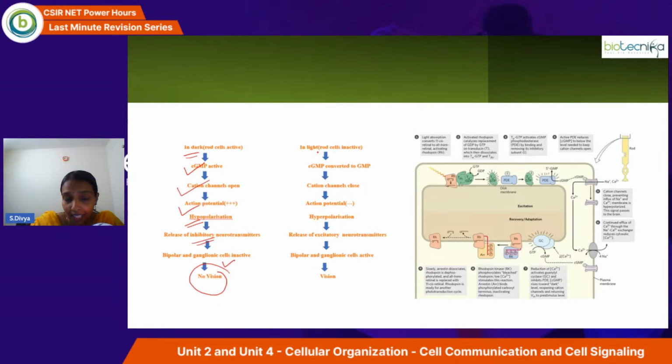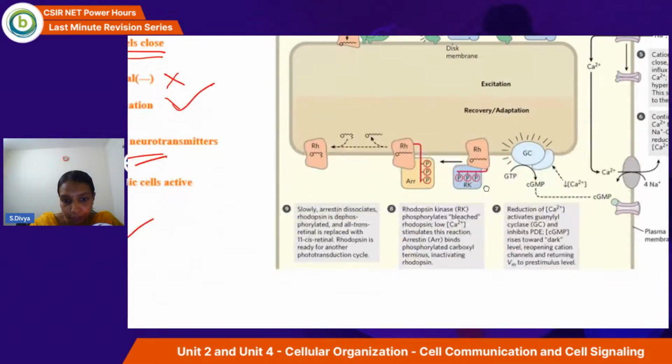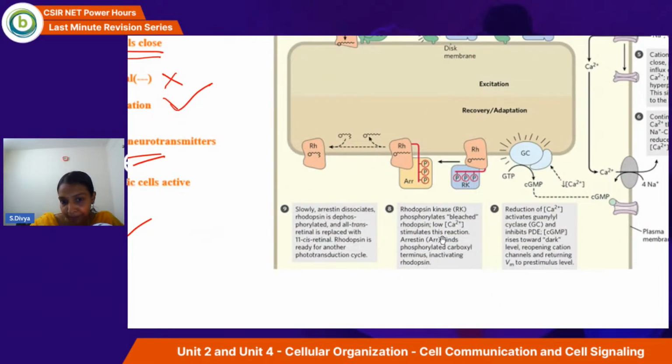Next, in the light, rod cells are activated, so cGMP gets converted to GMP. Cation channels close, no action potential, hyperpolarization, excitatory neurotransmitters leading to vision. You're getting me, right? Next, if you look into the image over here, check out the final step.